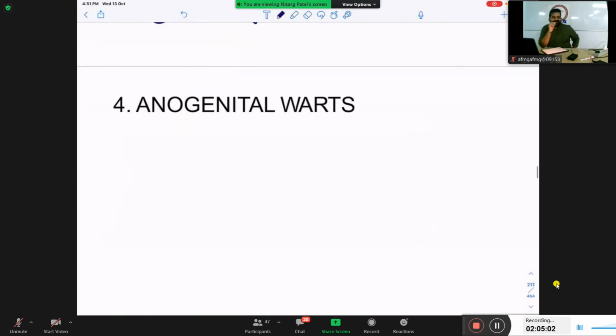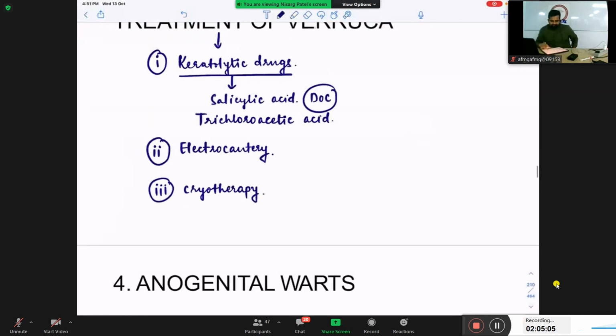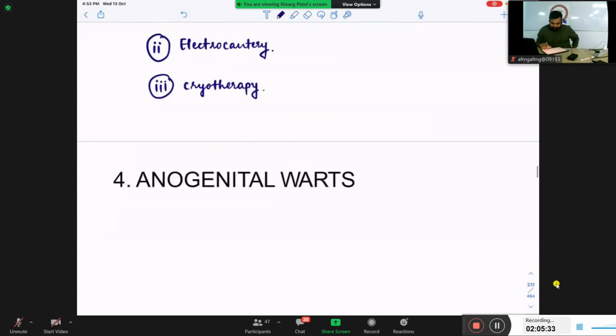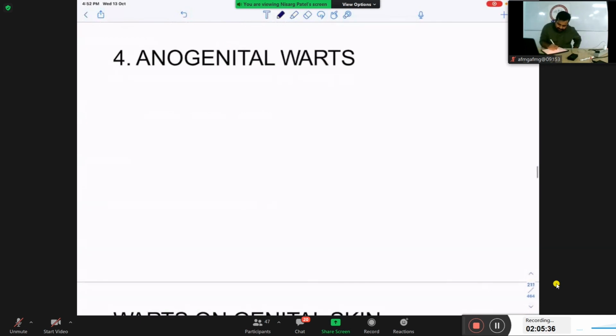Now anogenital warts. What is the causative agent of the anogenital wart? In cervical cancer, you know which HPV causes cervical cancer: 16 and 18. So 16 and 18 are the severely oncogenic viruses. But in anogenital warts, remember like this, there are human papilloma virus 6 and 11.